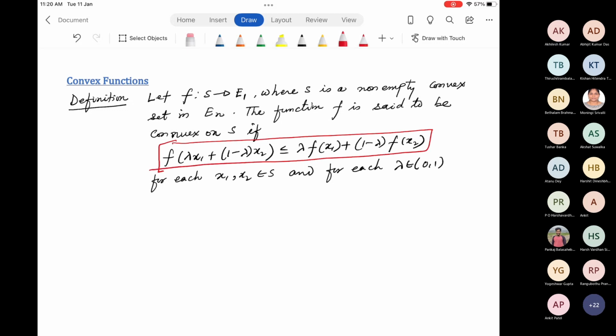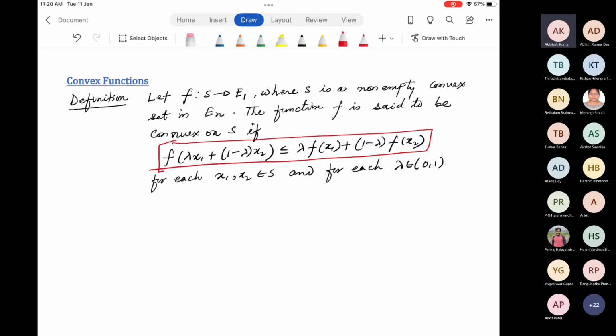If this condition holds, we say that the function is convex.